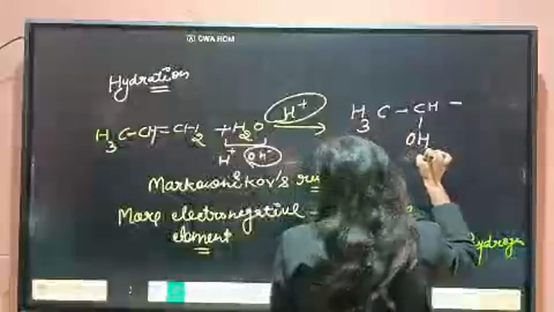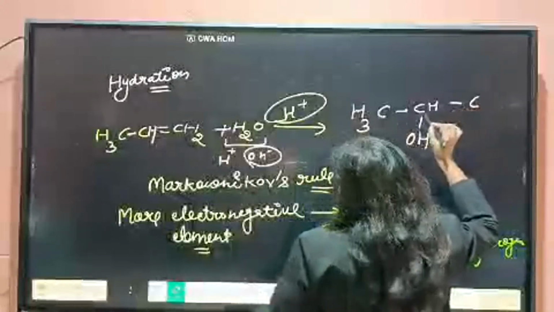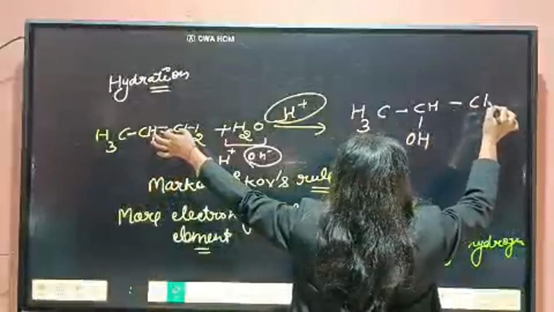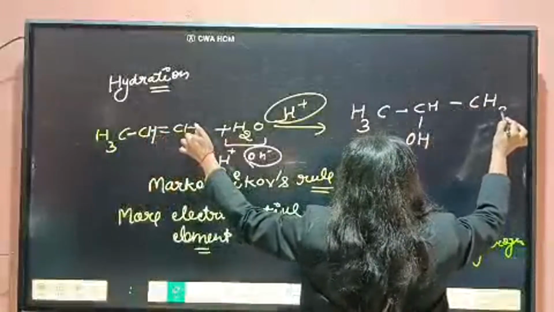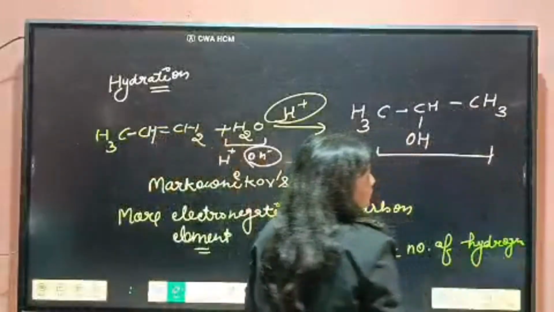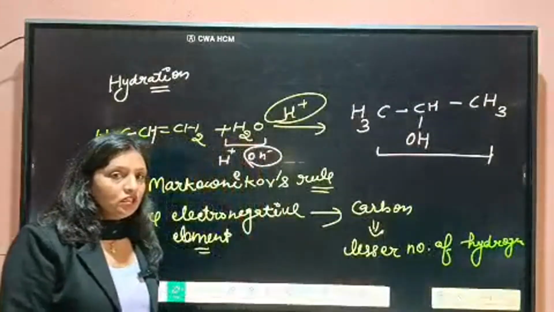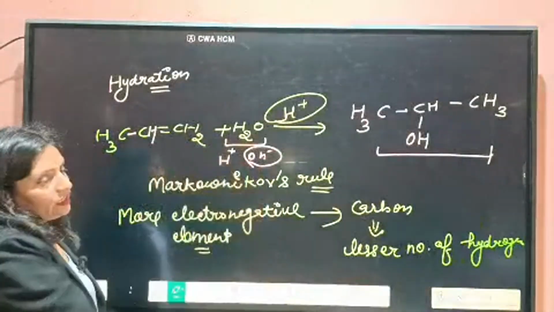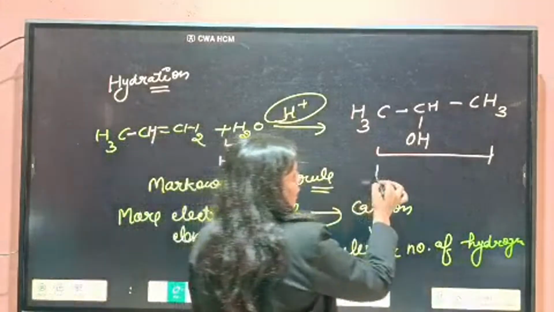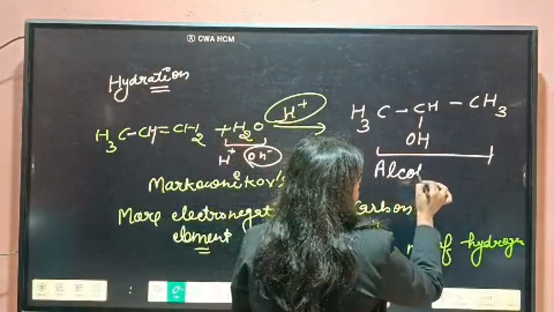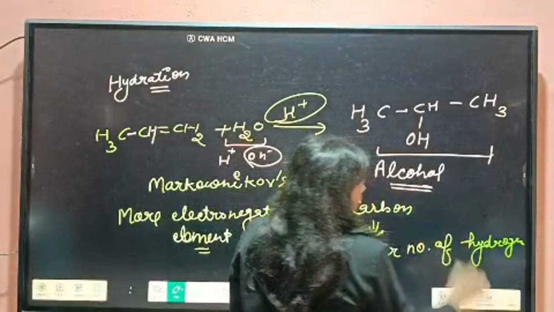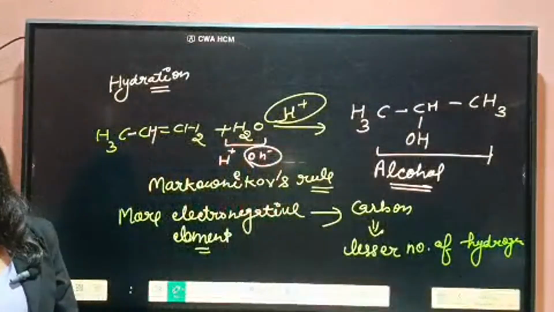You will give OH to this carbon, break this bond, and give hydrogen to the other carbon. Clear or not? After hydration of alkene, you will get alcohol. Clear or not?